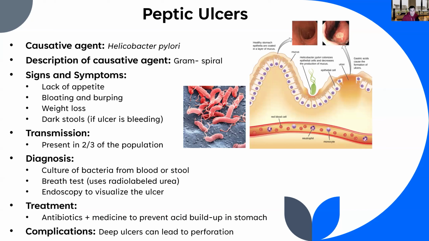Treatment for this is going to be antibiotics, but they're also going to use medicine to prevent the acid buildup in the stomach. Now, this might seem a bit contradictory because it's quite often the use of antacids to block acid production that allows the overgrowth of Helicobacter pylori.